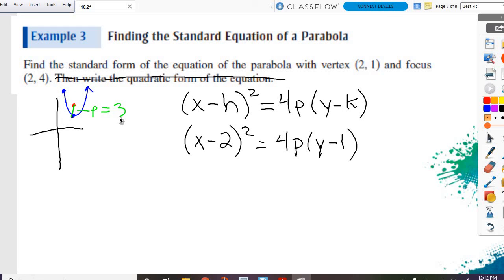Now, let's say I didn't have that, or it wasn't nice pretty numbers like that is. How could we find the distance between 2 points? The distance formula. What is our distance formula?